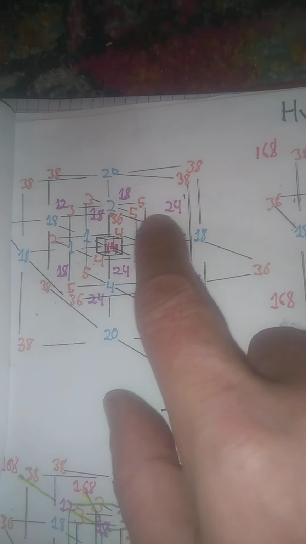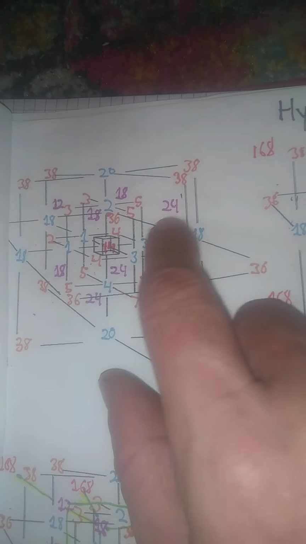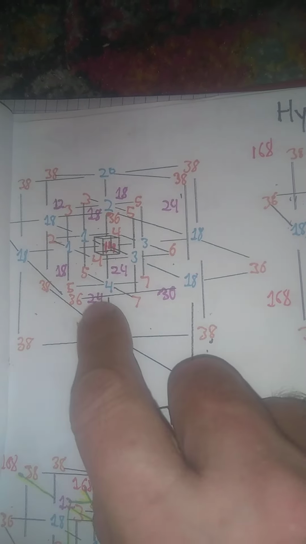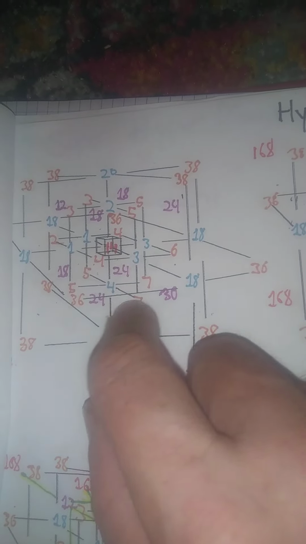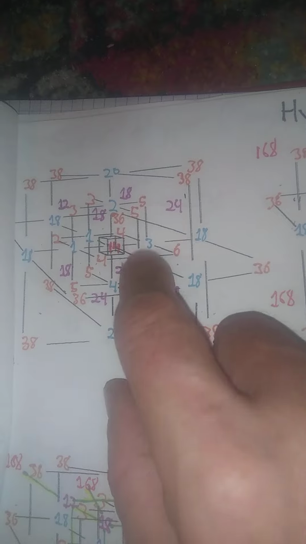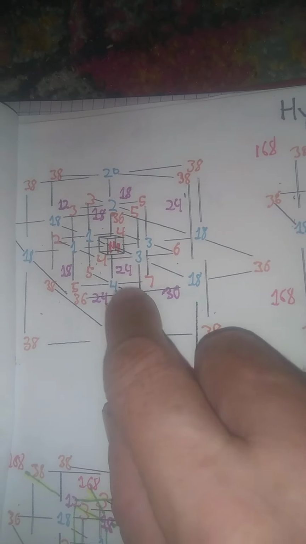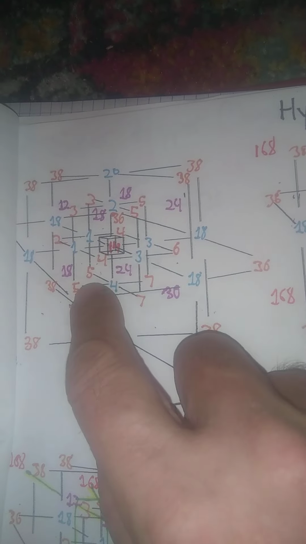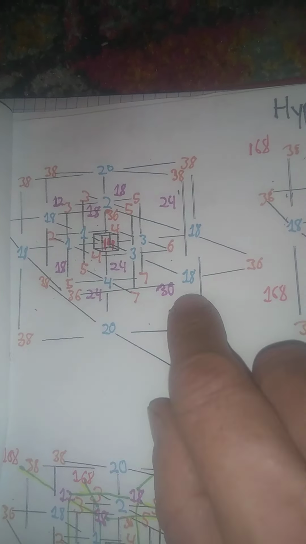You do the same thing with this back cubic number, front left cubic number, front right cubic number, 24, 18. You just add up the cubic corner numbers, the 6 cubic corner numbers of each octant, inner layer, inner cube octant, with the primary numbers and the secondary numbers. That gives you these inner ghost numbers.